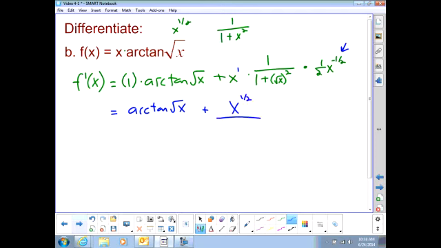All over, we would have a 2 on the bottom, and we would have a 1 plus x, because it's square root of x squared. Okay, the 2 would have to stay outside the parentheses because it'd have to multiply both parts, and you could distribute the 2 through if you wanted. But again, you could just leave your answer like we have it in green there. That would be perfectly fine as well.